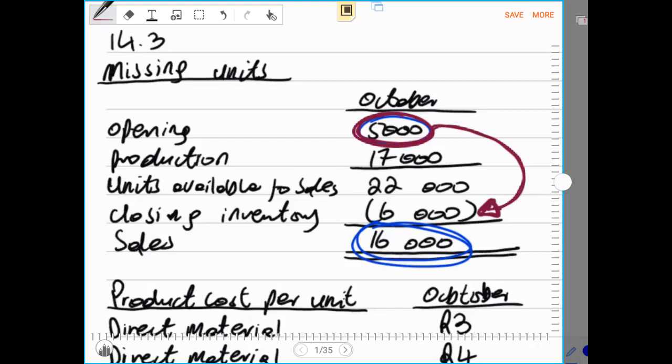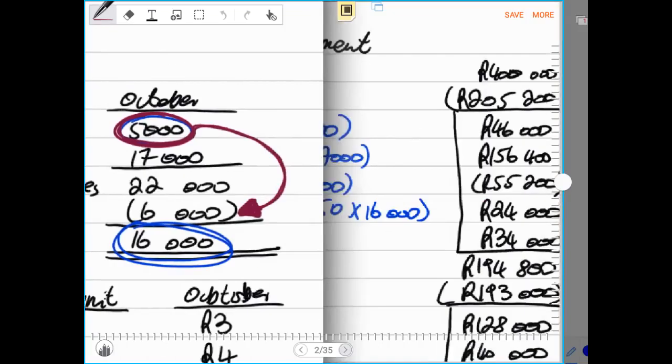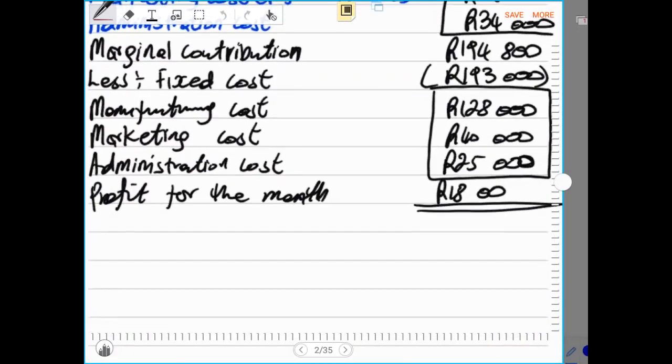Therefore, the absorption profit must be higher than the direct profit of 1,800. So now let us check if that proves correct when we test the Cotton rule.